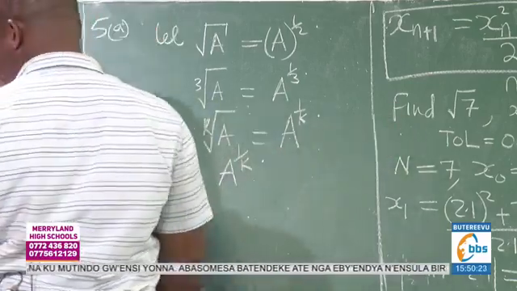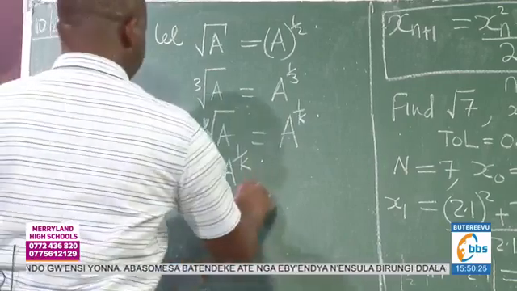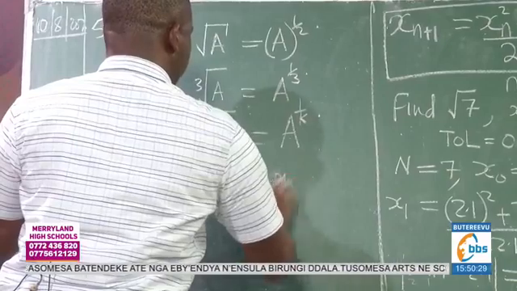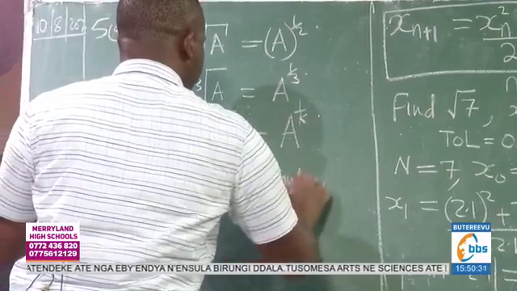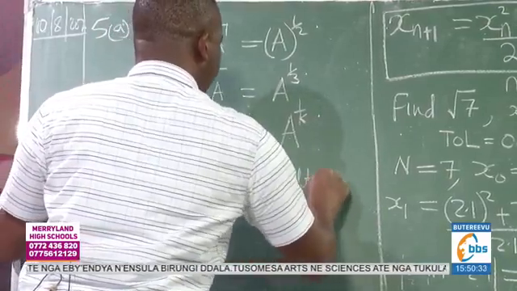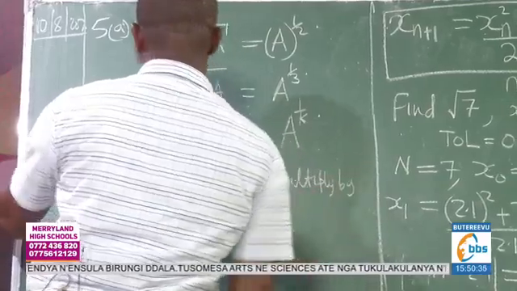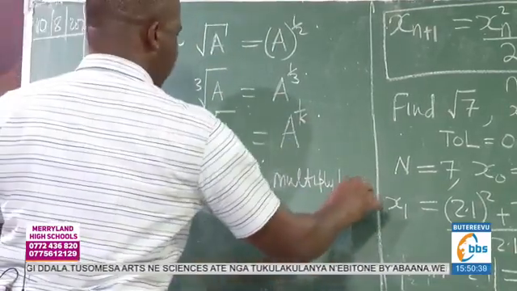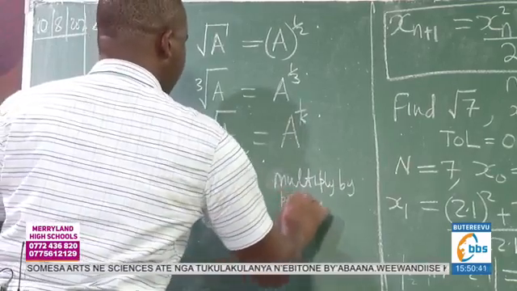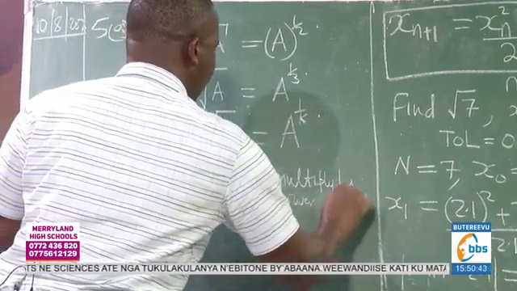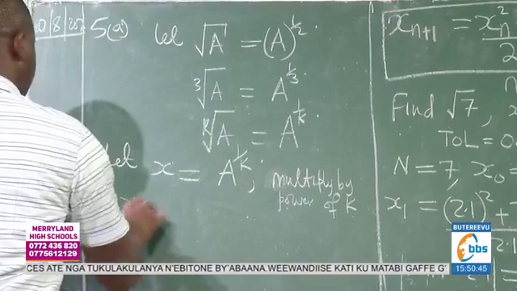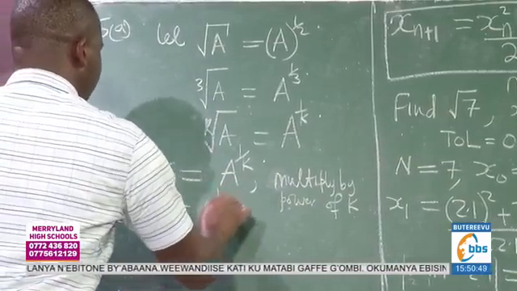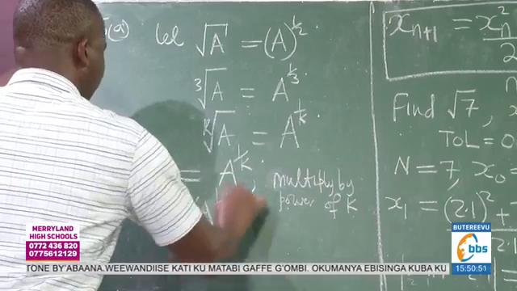We can raise both sides to the power of k. So we shall have x to the k equal to A to the power 1 over k, all to the power k.